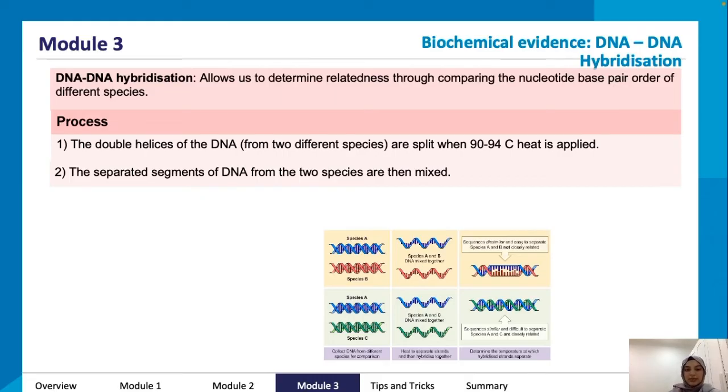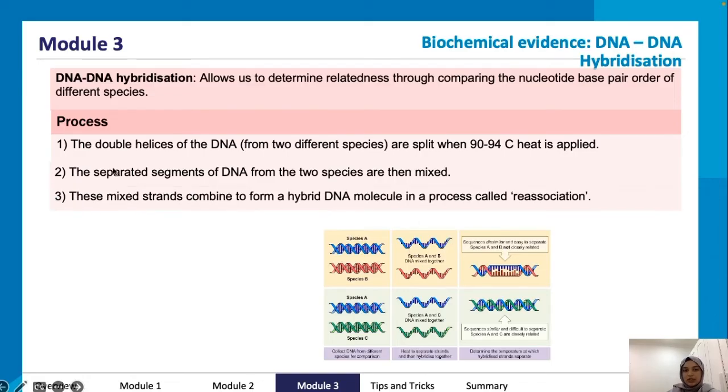The separated segments of DNA from the two species are then mixed. You can see here, species A, species B, then they are mixed together. These mixed strands then combine to form a hybrid DNA molecule in a process called reassociation.